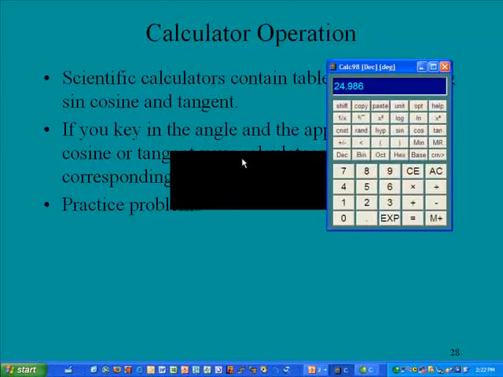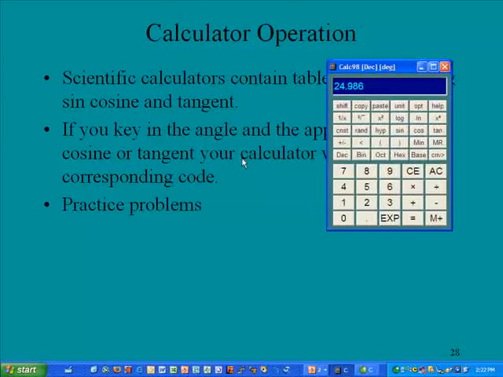The first one they mention is the cosine of 28 degrees. So we would enter 28, and we would say the cosine, and we get this value, 0.882.